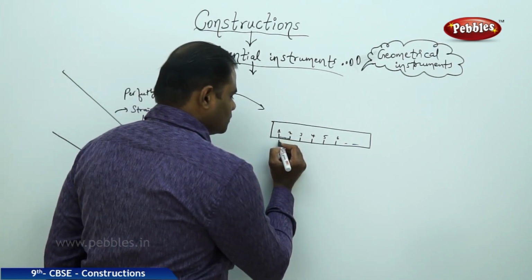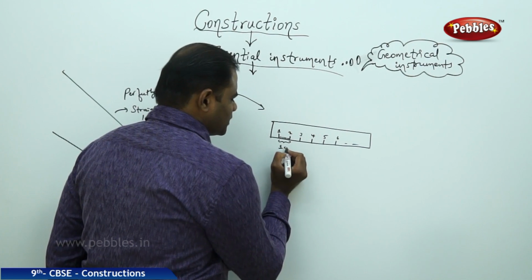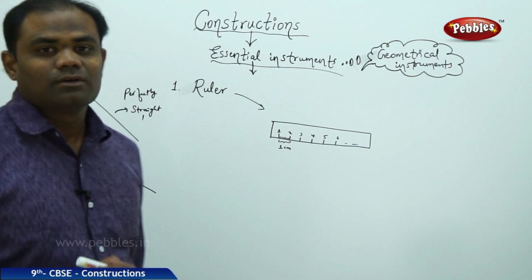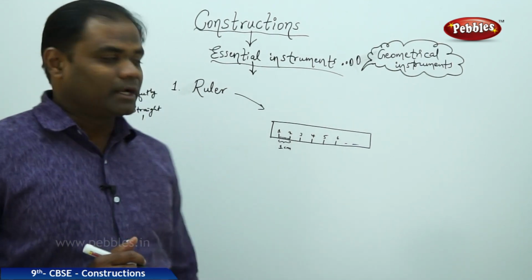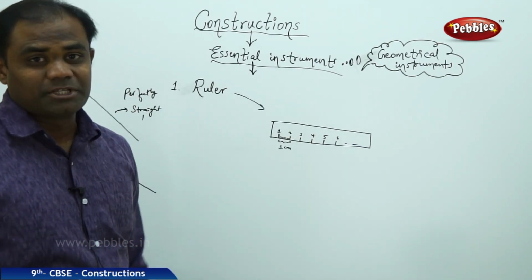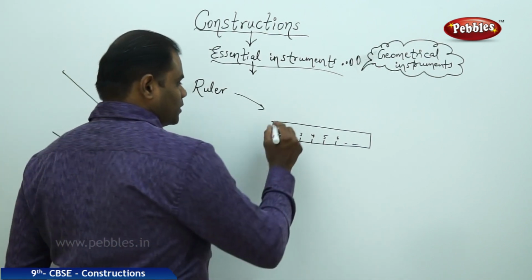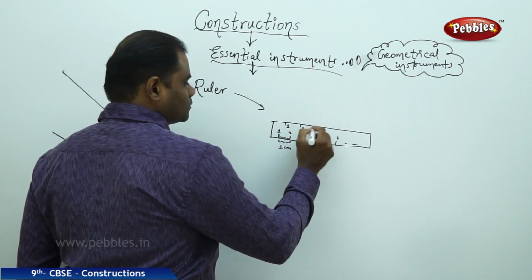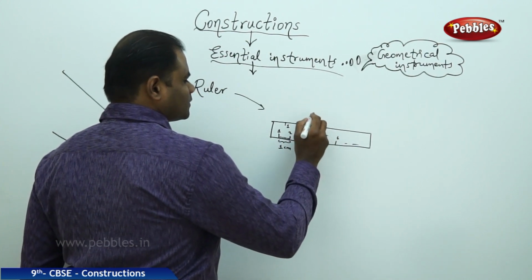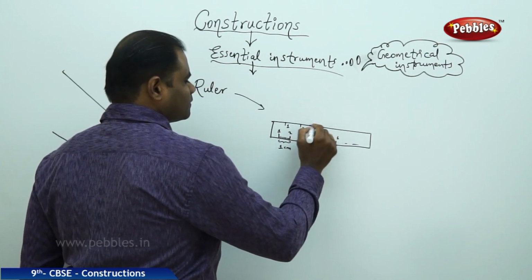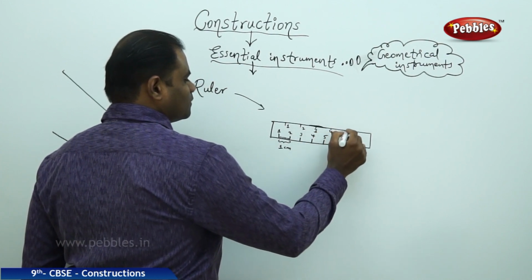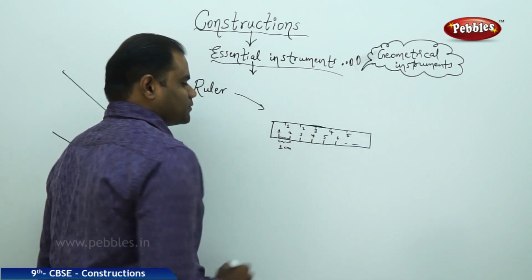So here this length makes 1 centimeter, and each of the smaller lengths makes 1 millimeter. And the other side of the ruler has the measurements in inches. So here I have them in inches: 1, 2, 3, 4, 5, etc.